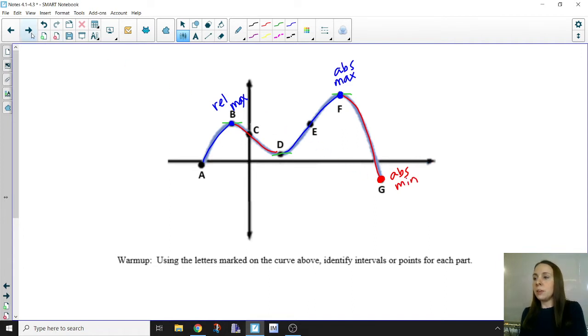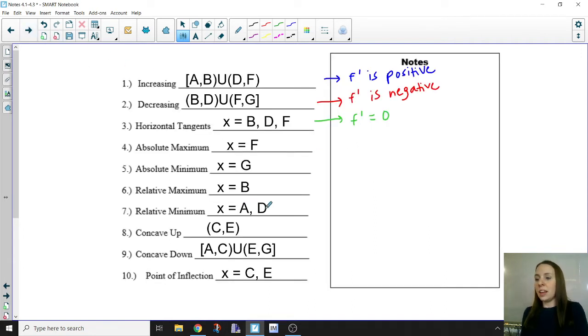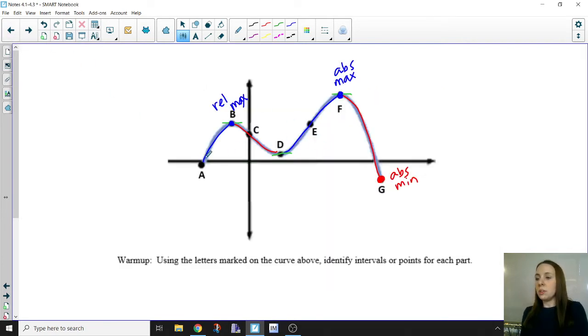However, notice that I also said that at x equals a and d, we also have mins, minimum points, lower points, right? But they are not the lowest of them all, so we call them relative mins. Okay, so maxes and mins, whether they be absolute or relative, we call those extrema.